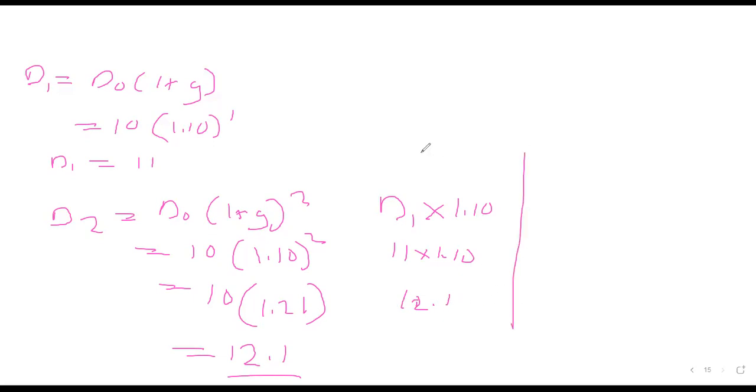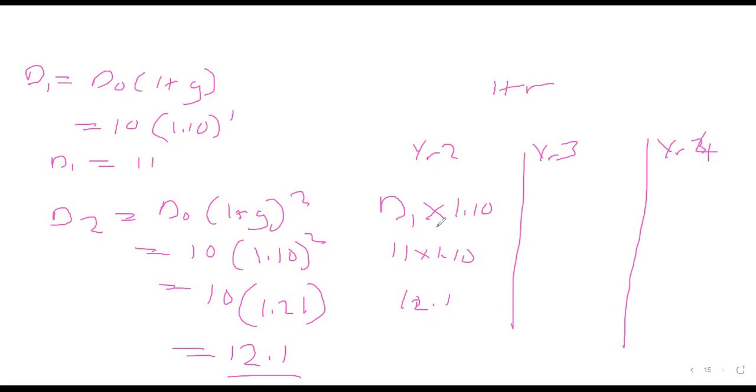This is for year 2, year 3, year 4. The shortcut is to just multiply the answer by 1 plus the growth rate.